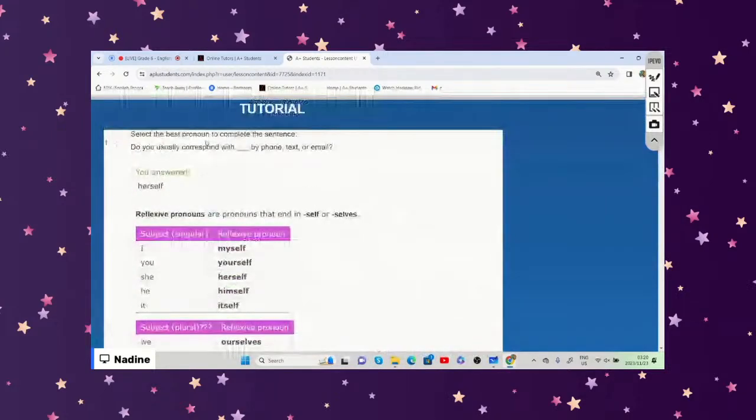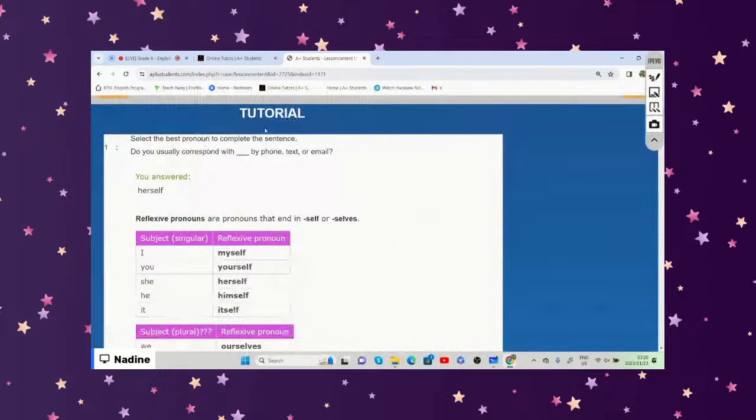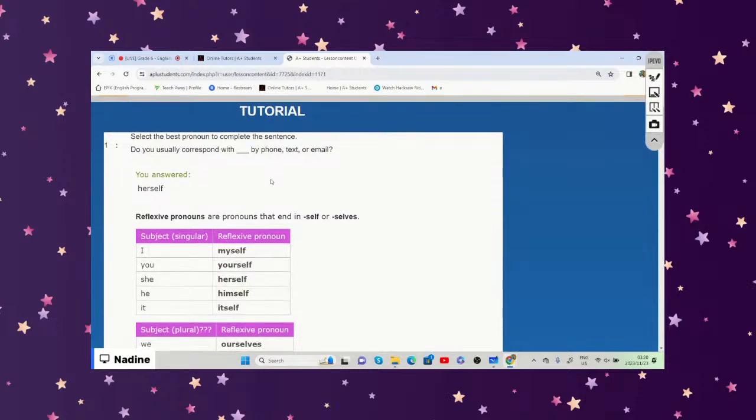So we need to select the best pronoun to complete the sentence. Do you usually correspond with him by phone, text, or email?